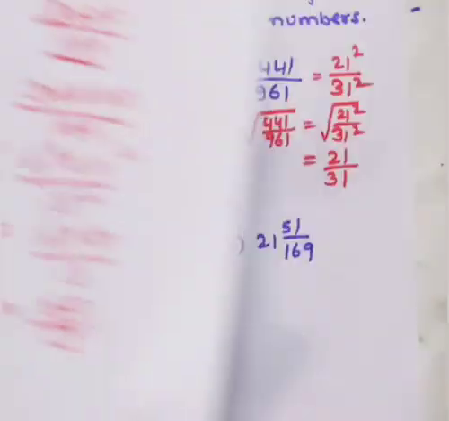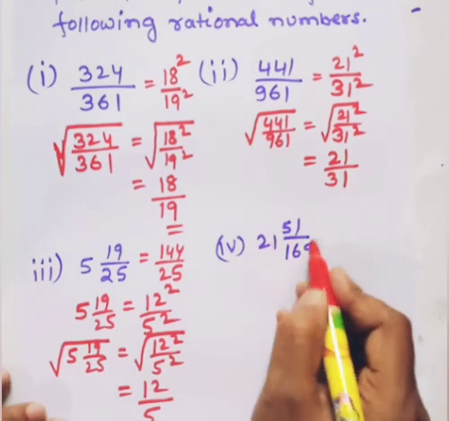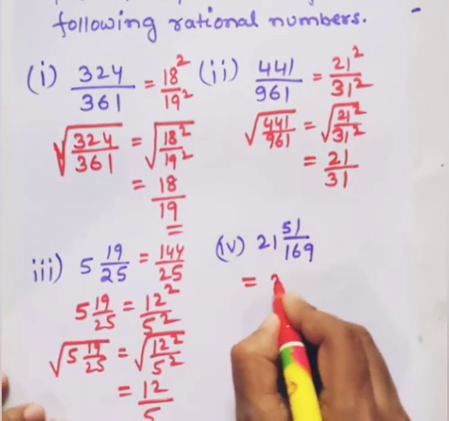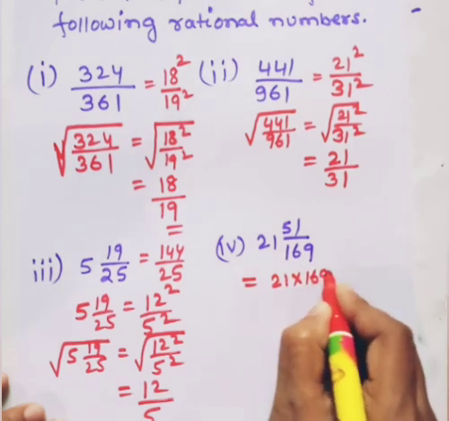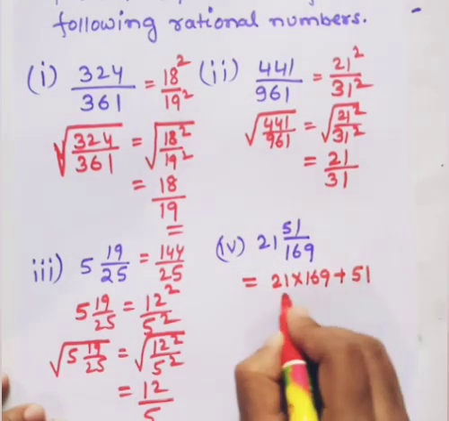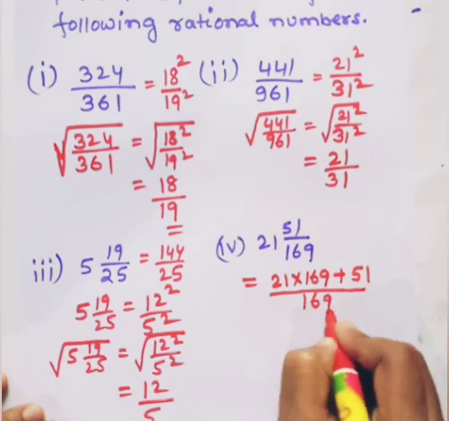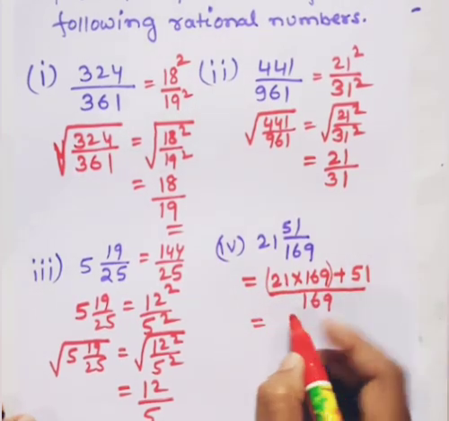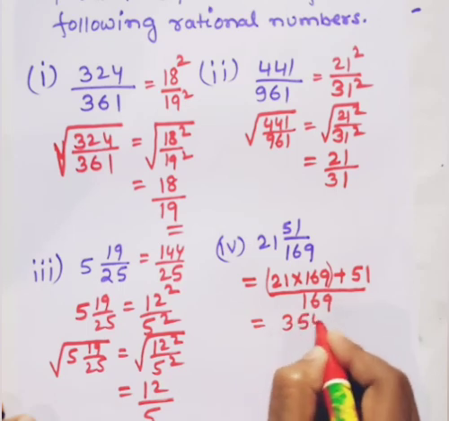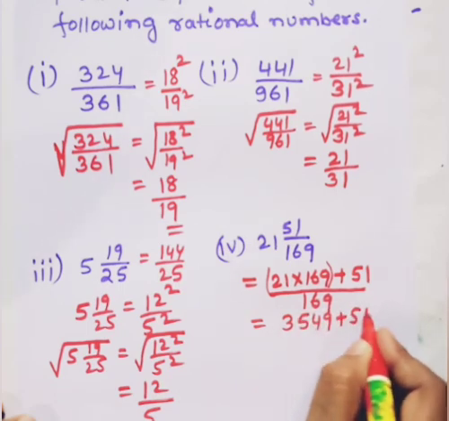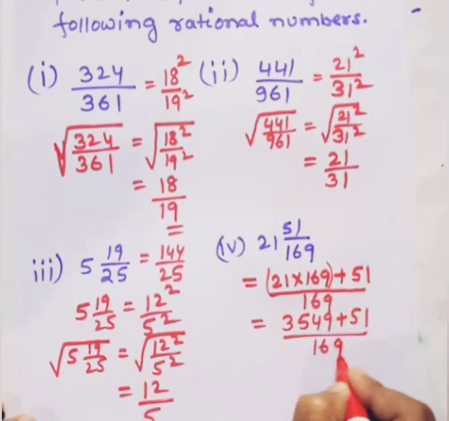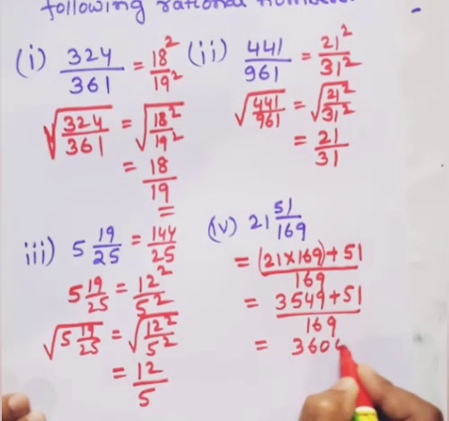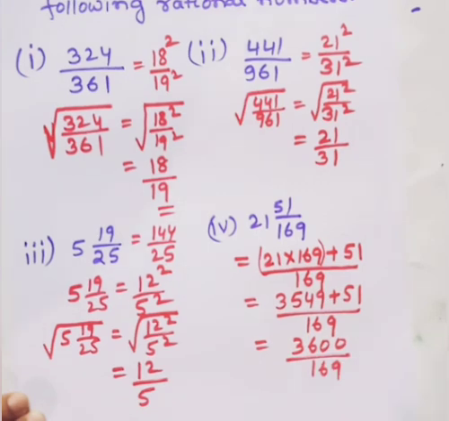So let us write this. 21 and 51 by 169 comes to be how much? 21 into 169 plus 51 by 169. Follow the DMAS rule. So when you multiply these two, you are getting 3549 plus 51 by 169. So this comes to be 3600 by 169.